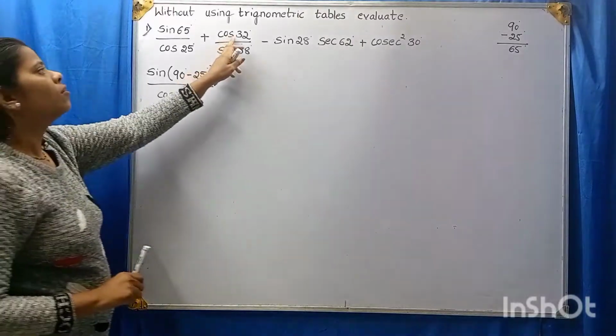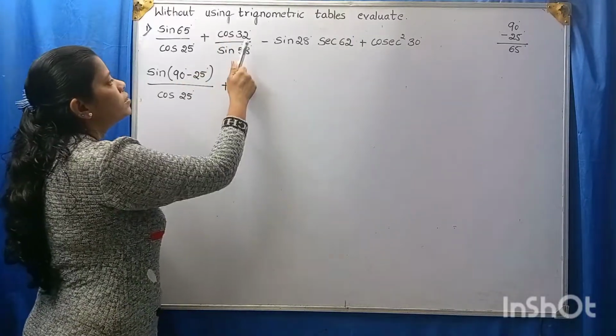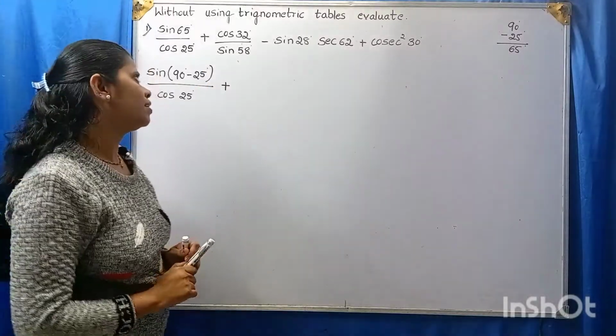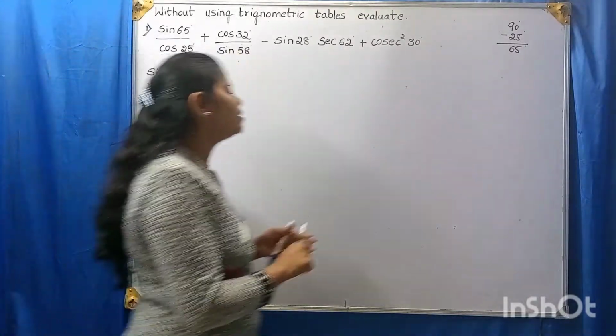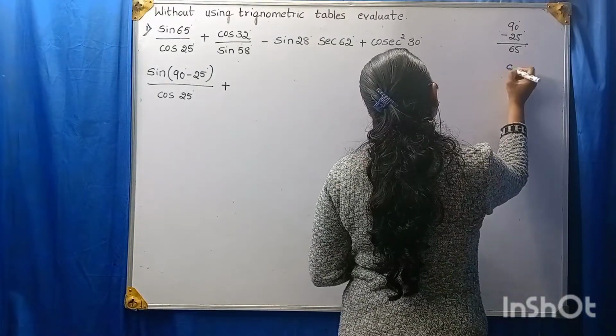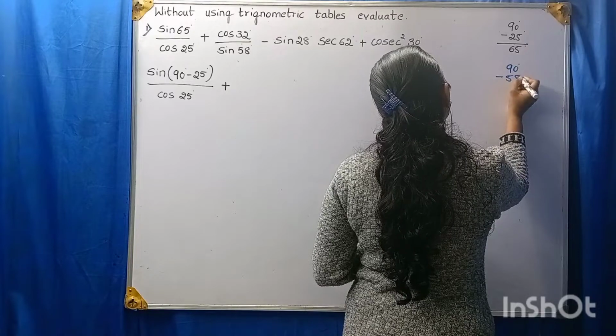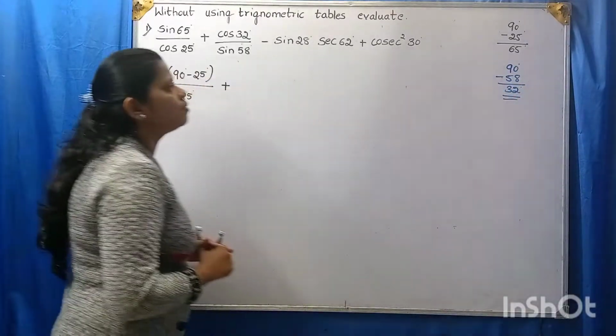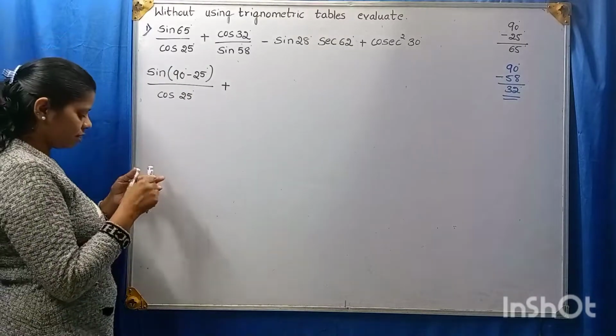Plus, here, 58 plus 32, we will get 90. Therefore, I can write this 32 as 90 minus 58. 90 degree minus 58 degree is 32 degree, right?